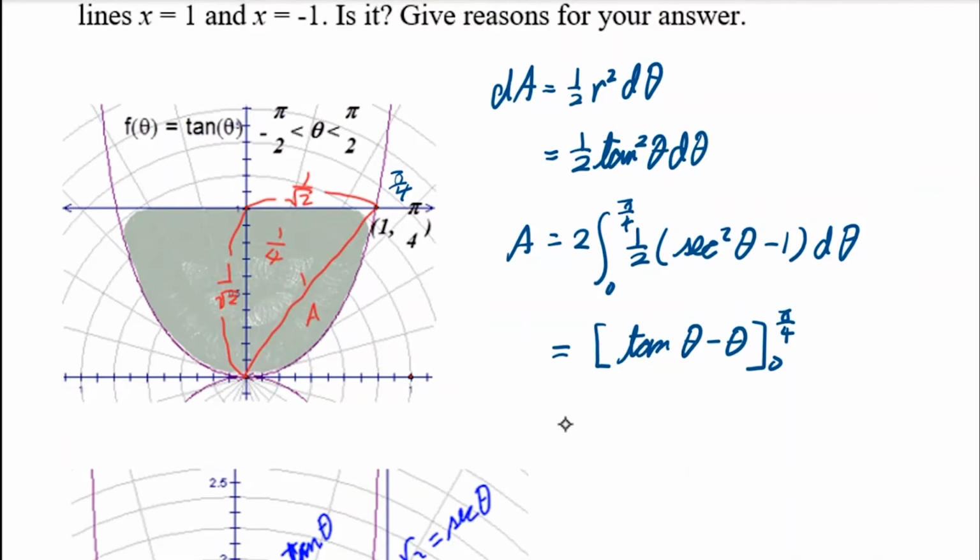Okay, then pi over 4, tangent pi over 4 is 1. Say yes. Okay, minus this thingy, pi over 4. So far, so good.